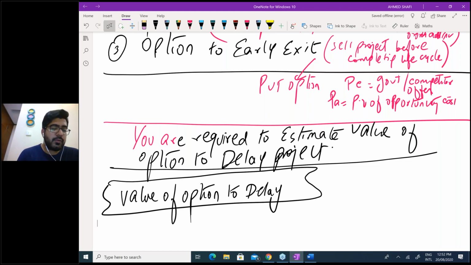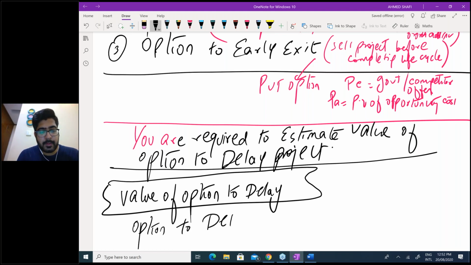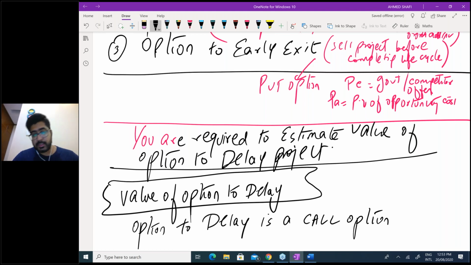If the question asks you to estimate value of option to delay, remember by my notes, option to delay is a call option. I just told you, only option to early exit is a put option because in that you are selling, otherwise you are not selling anything.